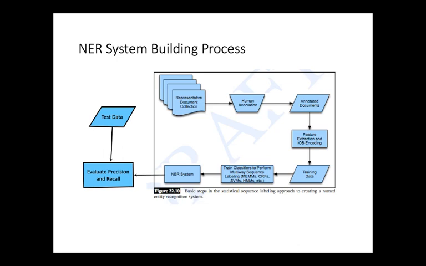So here's how you build an NER system. There are other ways of doing it, but this is a typical way. You start off with a big collection of documents. You take these documents and you pay some poor person to label all of the named entities in all of these documents. This becomes your training data, these annotated documents.